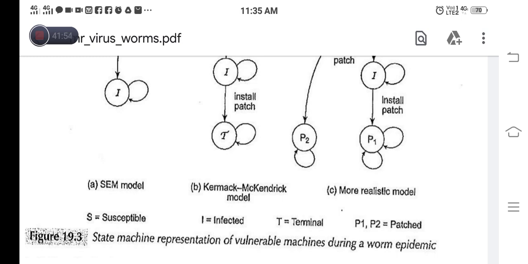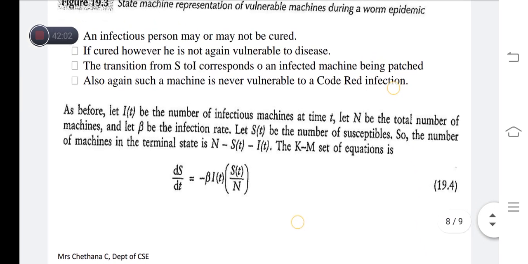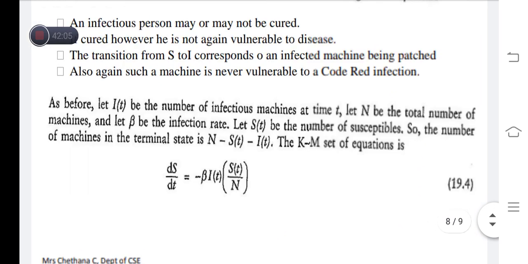From this model also we can calculate the rate of infectious entities at time t. As before, let I of t be the number of infectious machines at time t, n the total number of machines, and beta the infection rate. Beta is the rate at which susceptible entities become infectious. Now let S of t be the number of susceptibles at time t.